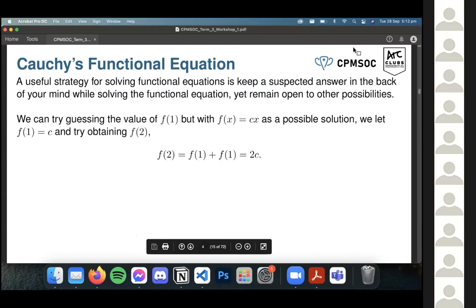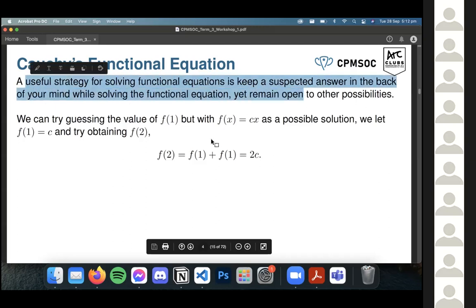One of them is f of 1, but this is not particularly useful because when we sub in f of 1, we just get that f of 2 is equal to f of 1 plus f of 1. But as I said before, if we are able to guess the solution, we get that f of 2 is equal to f of 1 plus f of 1, which is equal to 2c.